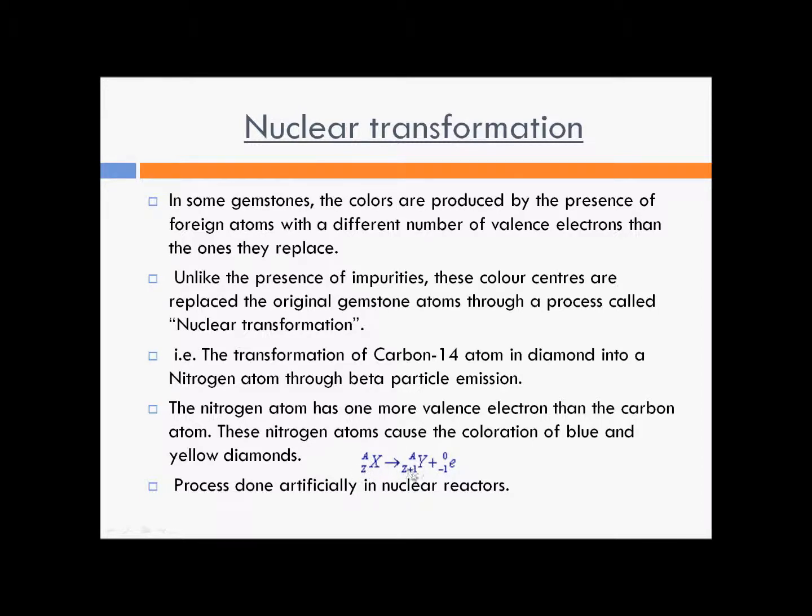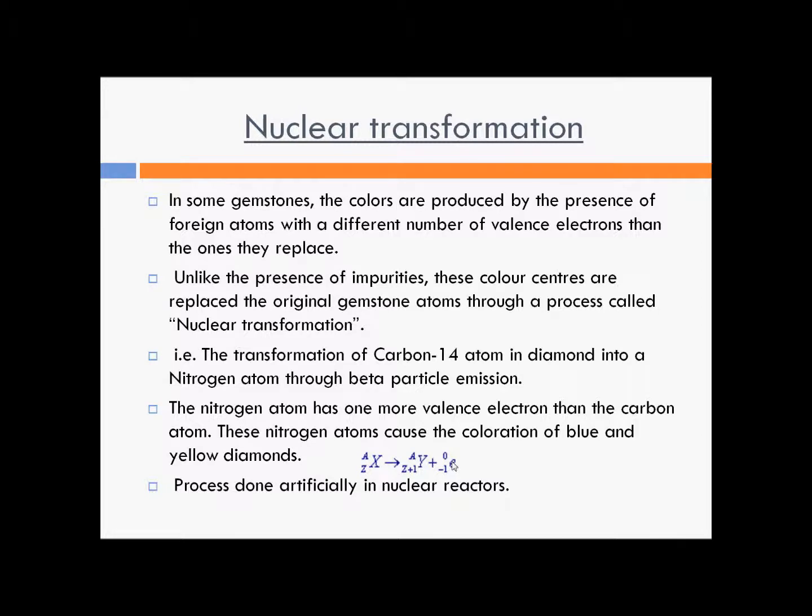So you can see there's a +1 over here with the same atomic mass, and in the process an electron is emitted and released. So the new nitrogen atom that is produced has one more valence electron than the carbon atom. These nitrogen atoms cause the coloration of blue and yellow diamonds.